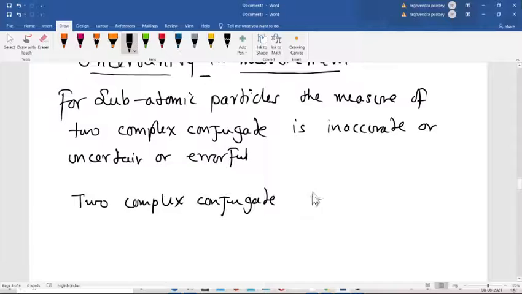One is energy and time. So energy and time are complex conjugates.